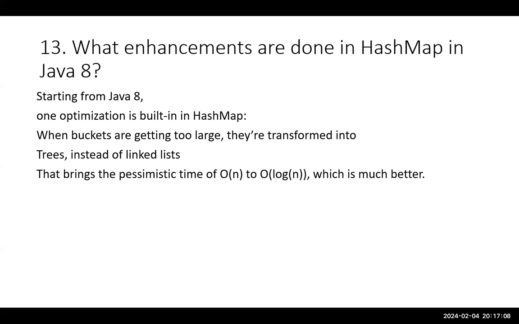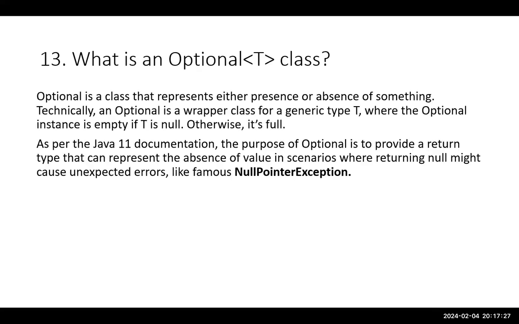As you can see here, first it was O(n), and now it is O(log n). So speed increases, or performance is enhanced by using balanced trees instead of linked lists. This is a major update.